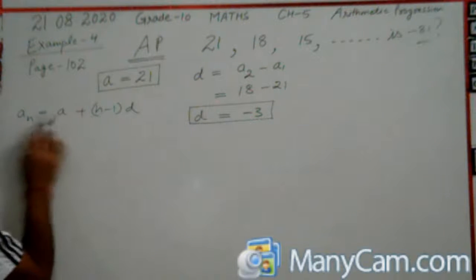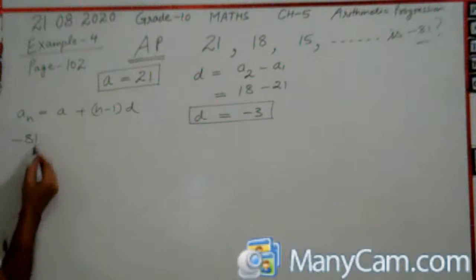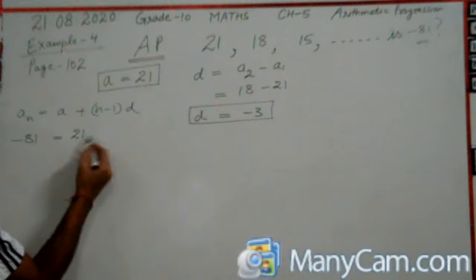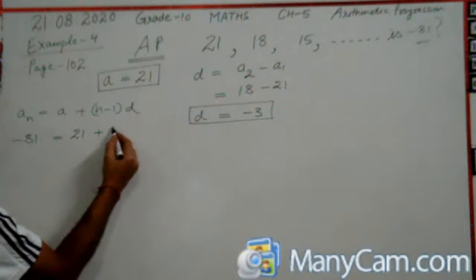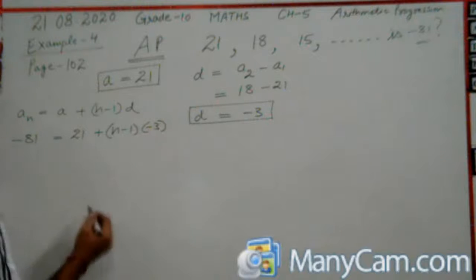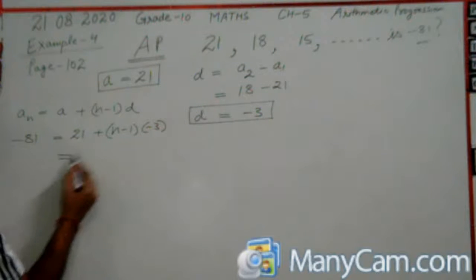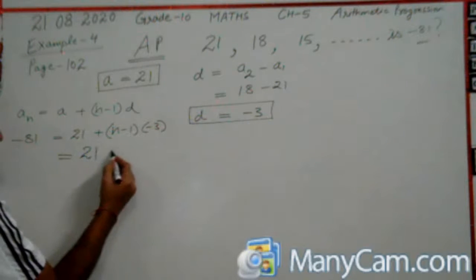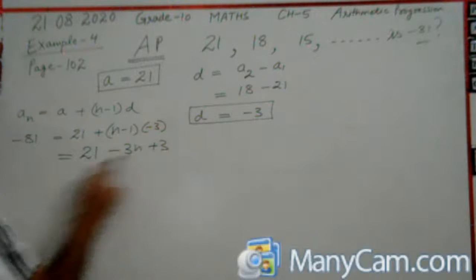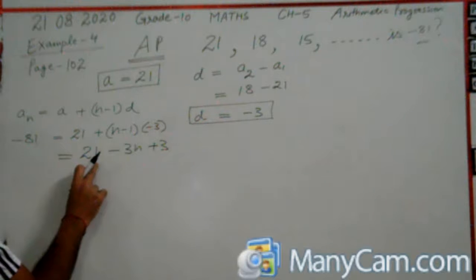So let's check it. Minus 81 is equal to 21 plus (n minus 1), and d is minus 3. When we open the bracket, 21 minus 3n plus 3. So it becomes 24.